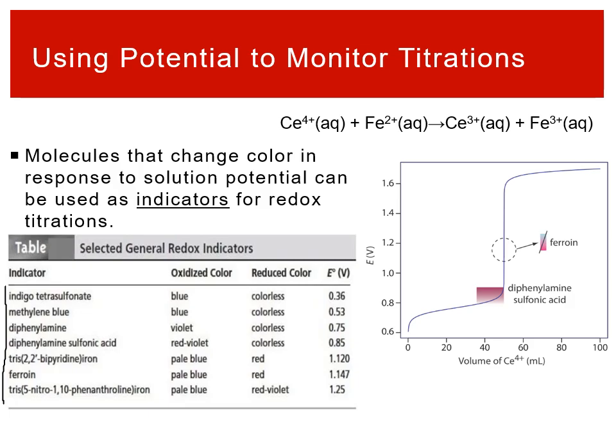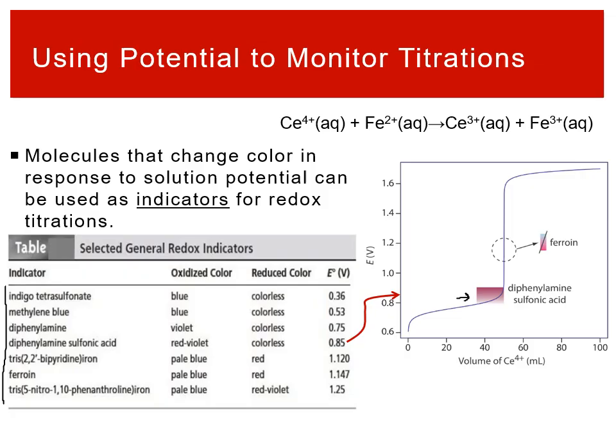And so you can use different molecules that cover different ranges, that change color at different potentials. For example, diphenylamine sulfonic acid changes colors at 0.85. It goes from colorless to red, this reddish purple color. So you can see down here, your solution, this sort of fade is indicating colorless. And then basically, you've hit the equivalence point when it goes to red.